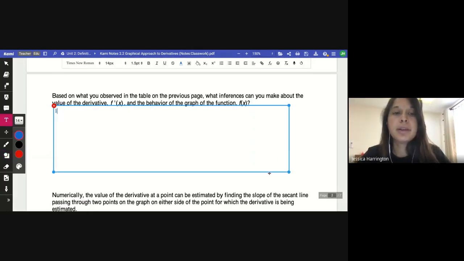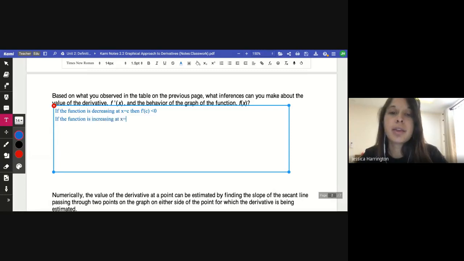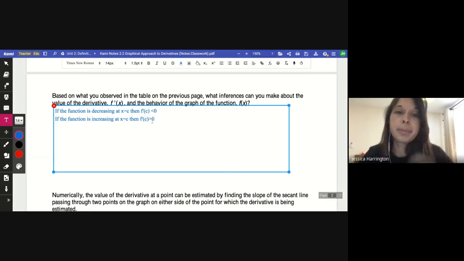If the function is decreasing at x equals c, then f prime of c, or the derivative at c, is less than 0, right? It's negative. And the opposite is true. If the function is increasing at x equals c, then the derivative at c is greater than 0. It's positive, right?